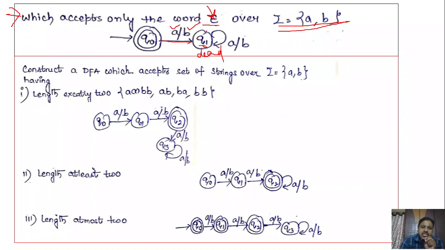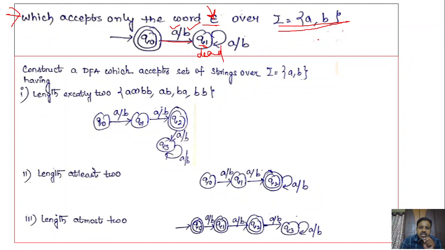And in this state again, if you get any A or B, then again you will be in the same state. So this state is called a dead state, right? We are mentioning this dead state because the strings consisting of A's and B's must be rejected. So in order to satisfy that property, we are making the transition from Q naught on the input symbols A and B to the dead state. Okay.